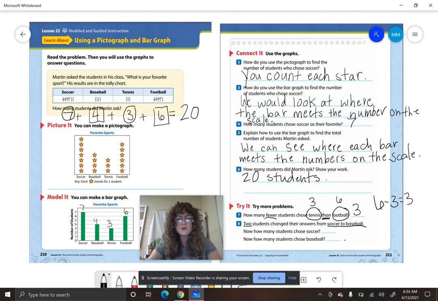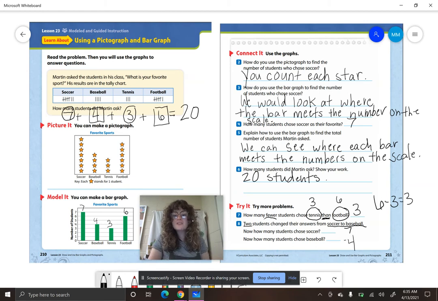The first thing I'm going to do for this first one, it says, now how many students chose soccer? So let's look back at our bar graph. How many students chose soccer first? 7. Okay. And how many first chose baseball? 4. Let's go ahead and write those down here.